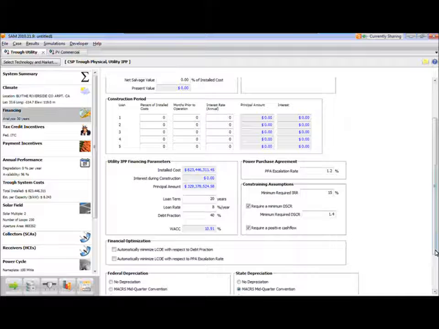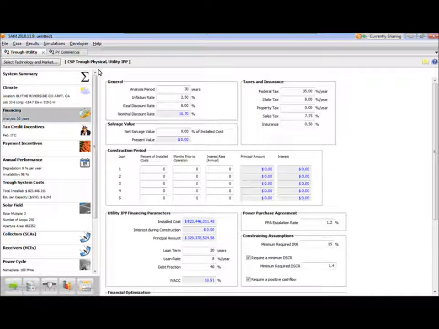Let me just go through all of these inputs quickly so you have a sense of what kind of data you need to prepare to run the model. So for the projects, regardless of what kind of project you're modeling, you need an analysis period, which you can think of as the project lifetime, but it's the period over which you're going to be performing the economic analysis. There's an inflation rate. So SAM uses the inflation rate to calculate costs in out years.